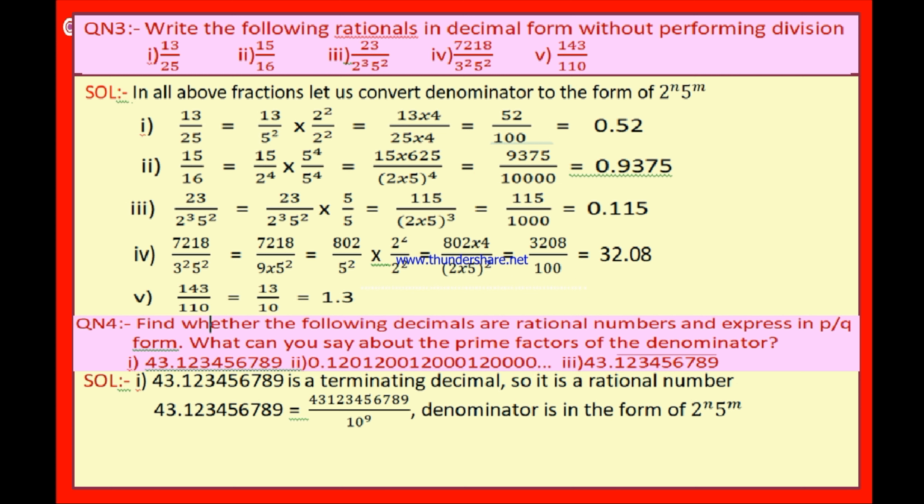Therefore, the denominator is in the form of 2 power n into 5 power m. Therefore, it is a terminating decimal, you can observe.